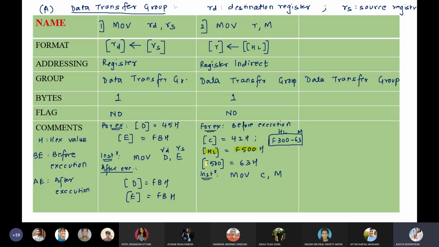We read that. Now F500 address में क्या data है? 63. So we read that. So now this 63 will get copied to C register. So after execution, C will become 63H. Data of F500 will remain 63H because it is copy paste operation.